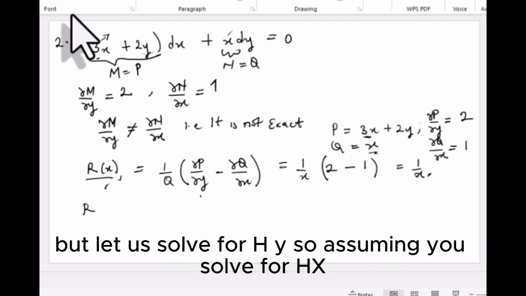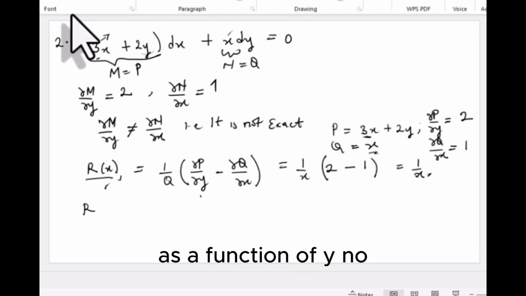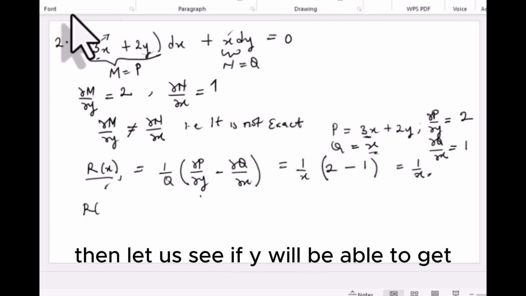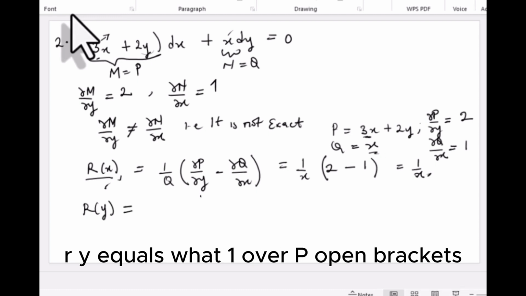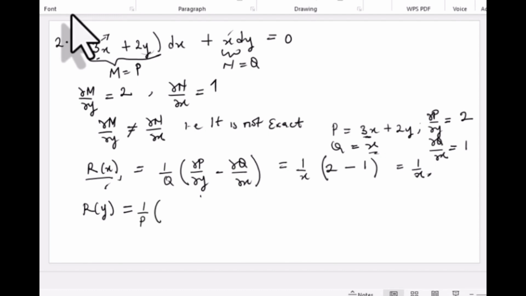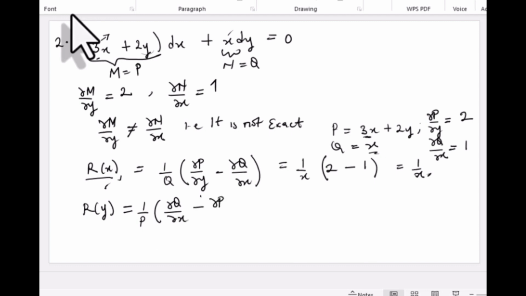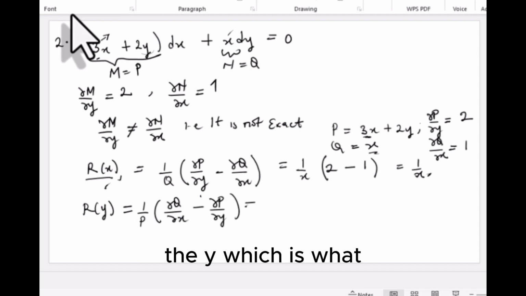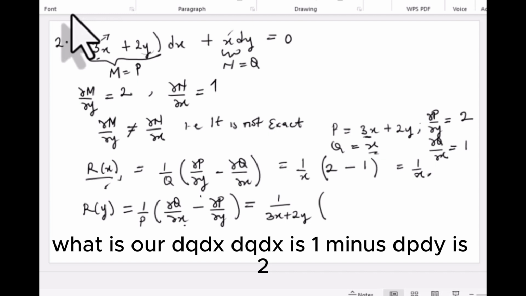So assuming you solved for R(x) and you were not able to get it as a function of x, then let us see if we will be able to get it as a function of y. R(y) equals 1 over P, open brackets, ∂Q/∂x minus ∂P/∂y. 1 over P is 1 over 3x plus 2y, open brackets, ∂Q/∂x is 1, minus ∂P/∂y is 2.